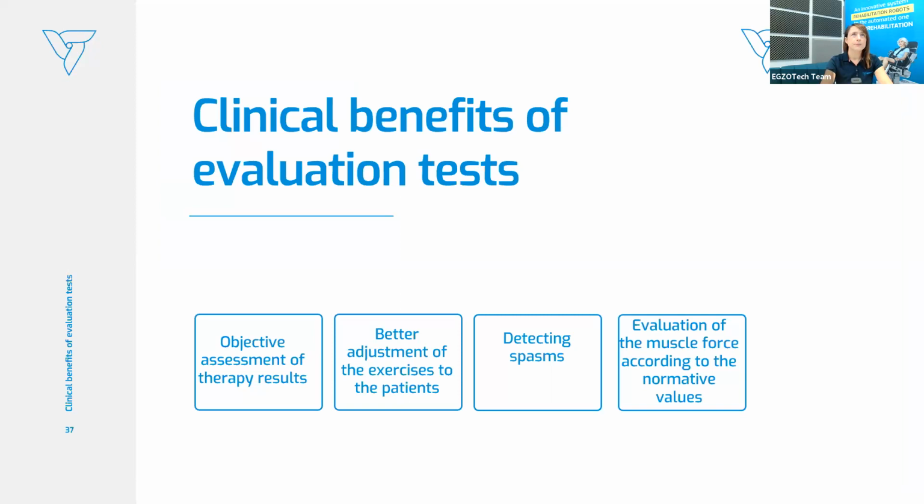And so just to summarize, why would we use those tests or protocols for evaluation? So obviously to evaluate the patient before and after therapy, to better adjust those exercises that we use in Luna to the patient. We can detect the spasm either through torque or EMG values, especially in those with higher Ashworth.